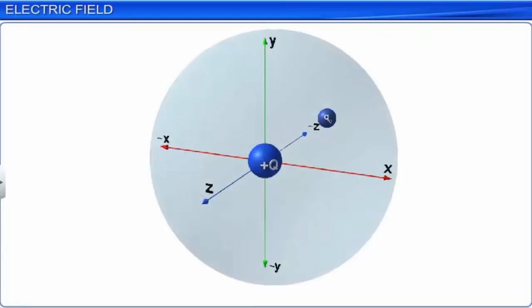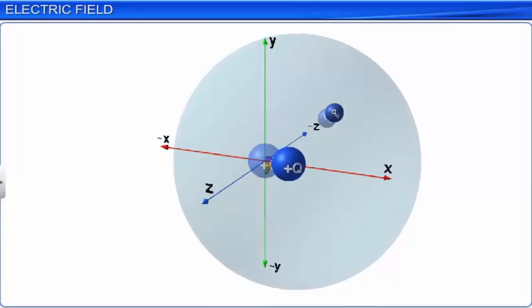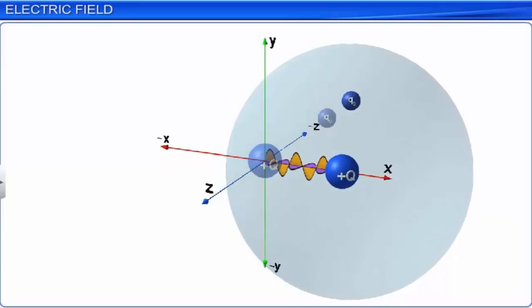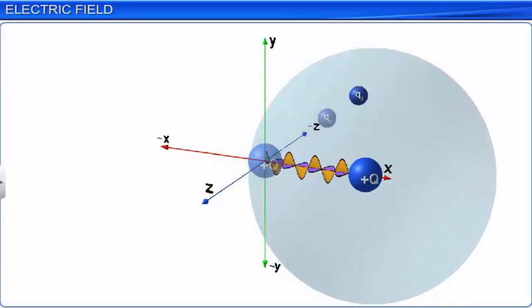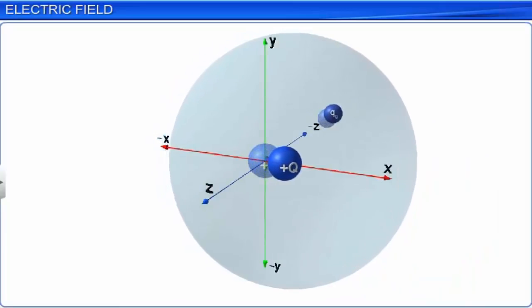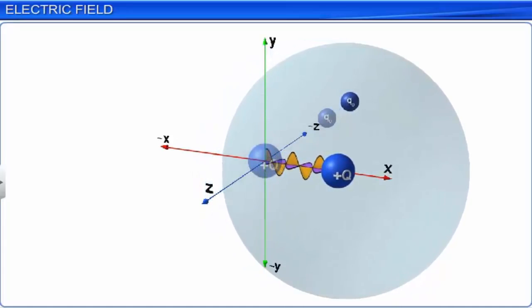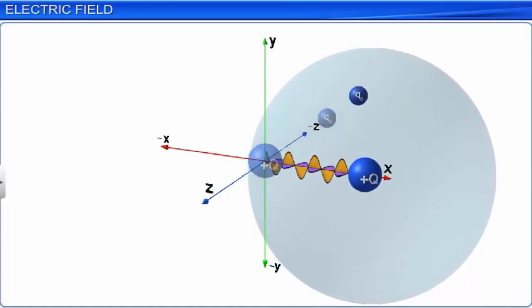Consider a situation where charge Q is accelerating. Then, it produces electromagnetic waves, which propagate at the speed of light. Here, Q0 is also accelerating in the electric field of Q, and there will be a force on Q0 due to the electric field of Q. This force on Q0 due to Q is actually caused by the electromagnetic waves generated by the accelerating charge Q, and which travel from Q to Q0 at the speed of light.